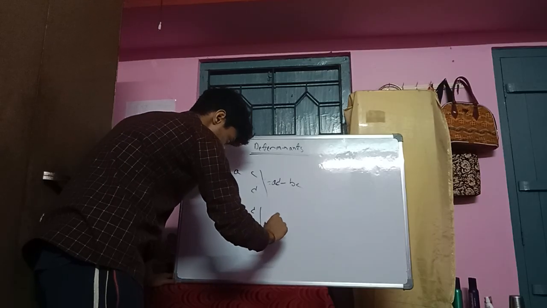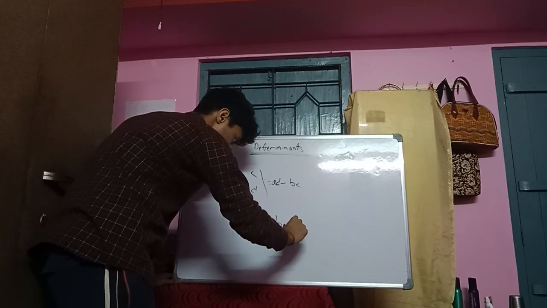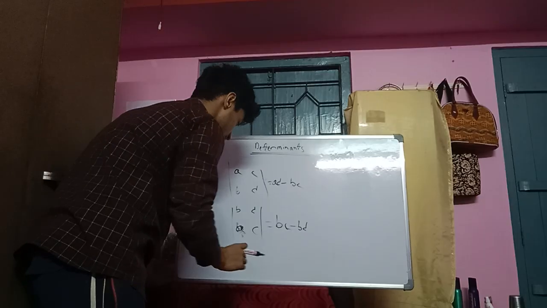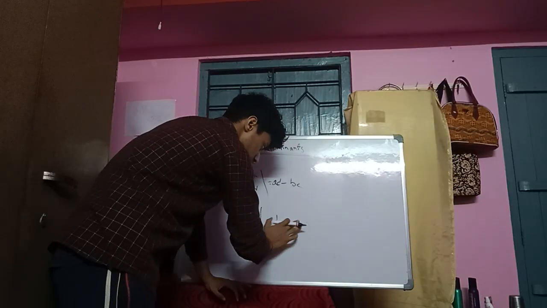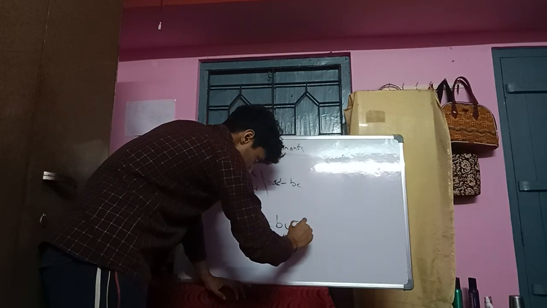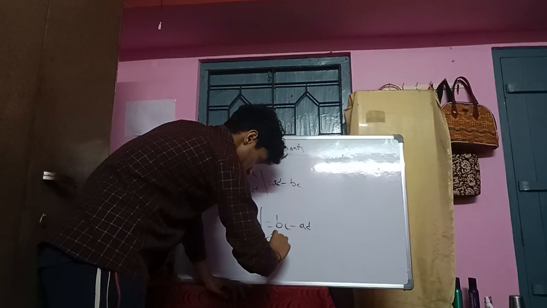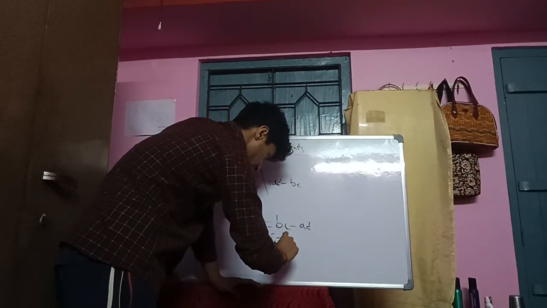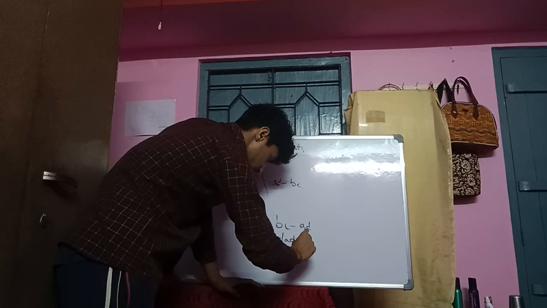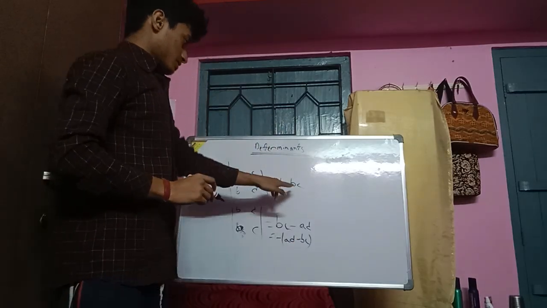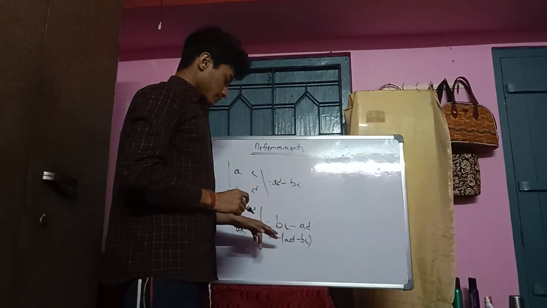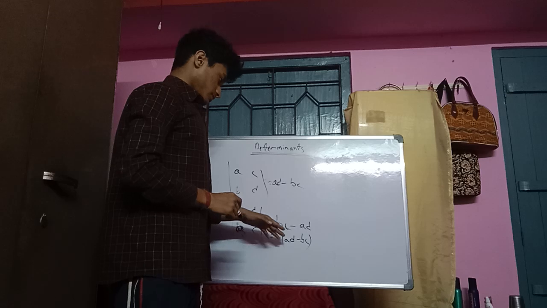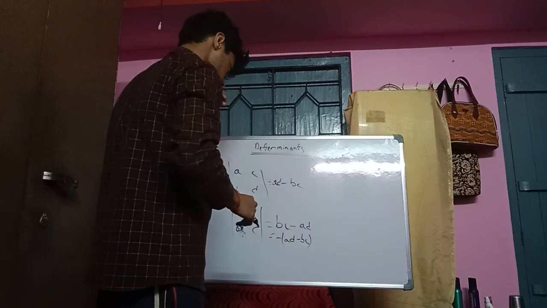This would be BC minus AD. And if I factor out a negative one from this, it would become minus of AD minus BC. This is the same as the value of the original one, except it is the negative of this one.